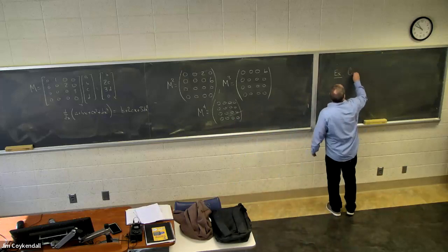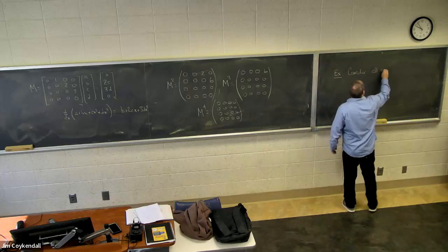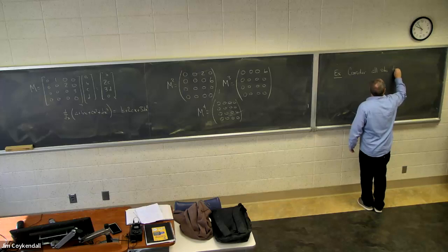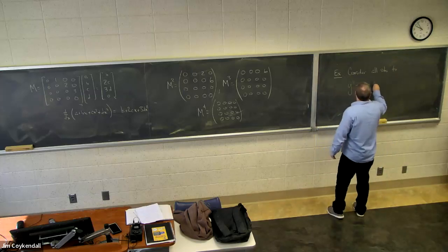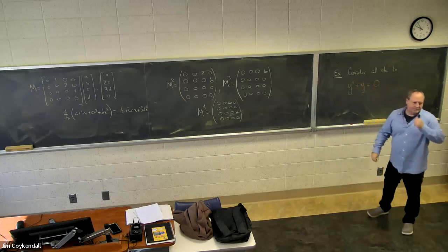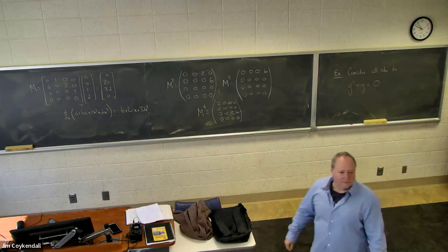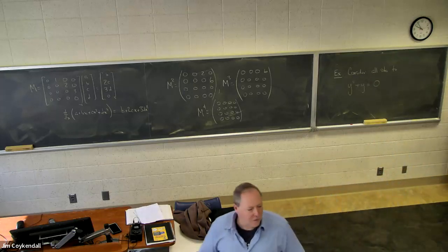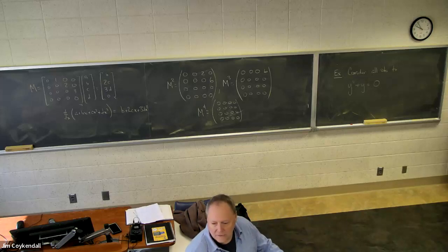Consider all solutions to the differential equation y double prime plus y equals zero. How many of you have ever seen this equation before? This is a differential equation, and what it means is I have an unknown function y equals f of x.